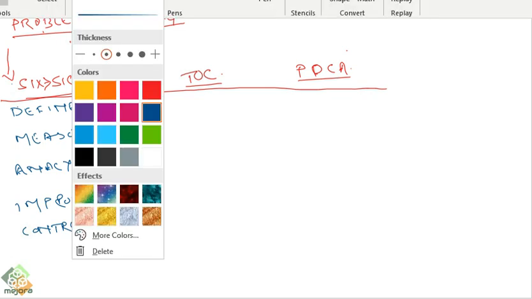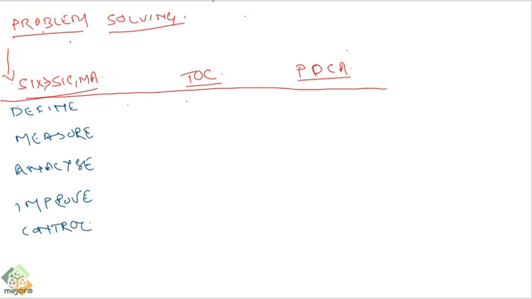And in terms of TOC, it is not so well known, but it is not so difficult to understand. If I put it in the simplest way, the first one is identify. This is theory of constraints, so we always talk about constraints here. Identify the constraint first.